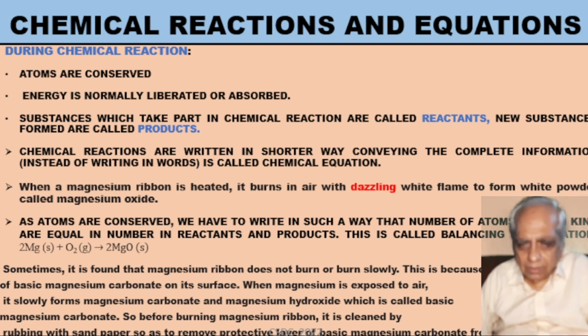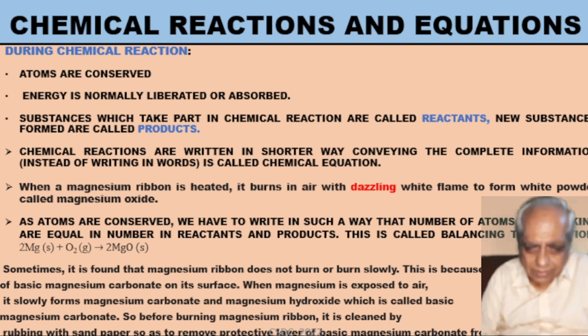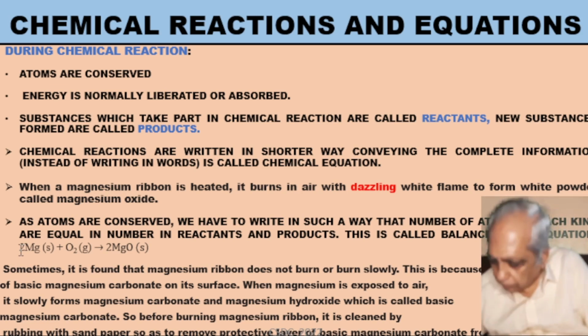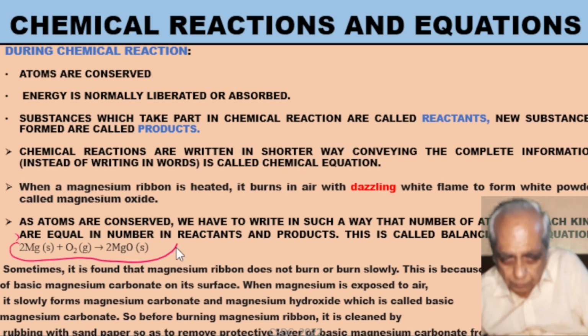Okay. So you can see here, see this equation written here. Burning of magnesium. So forget about this 2 first. Magnesium plus oxygen is forming magnesium oxide, which is white powder.